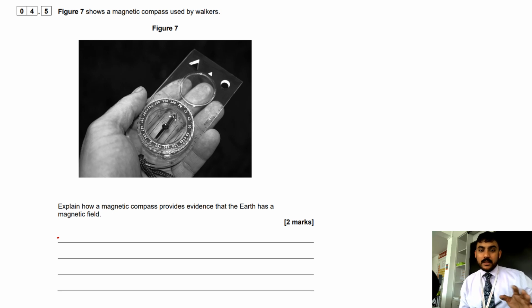And weirdly enough, the magnetic north pole of the Earth is actually the south pole of the Earth, but that's for a different discussion.